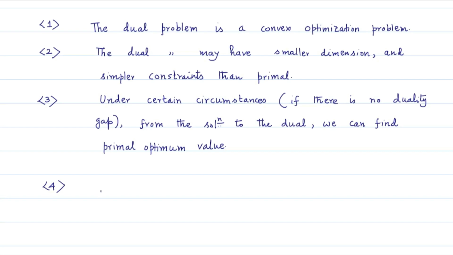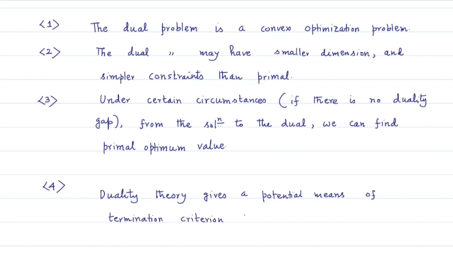So I write out here that duality theory gives a potential means of termination criterion for optimization algorithms to solve constrained optimization problems.